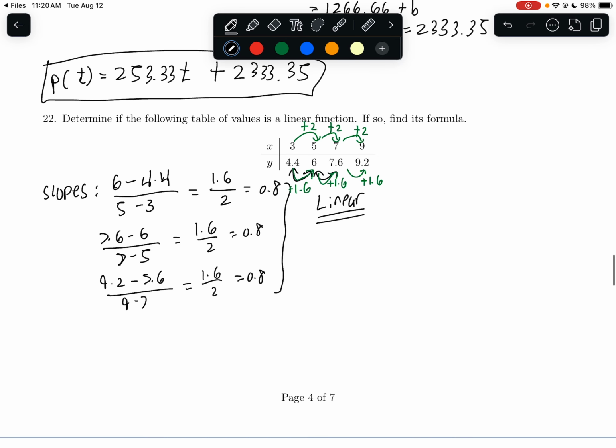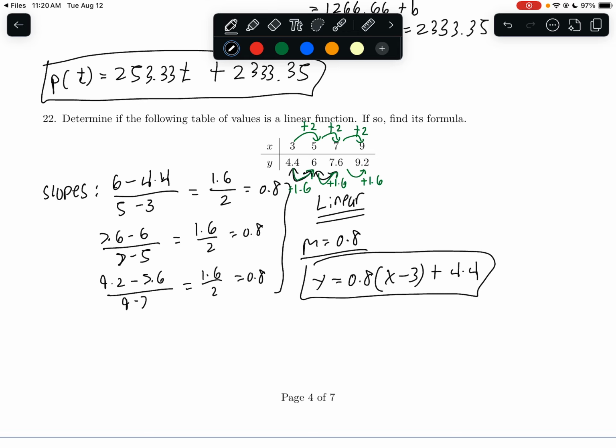So the function's linear. The slope is 0.8, the number we just found. And then we want the equation. So if you did point slope form, you could do 0.8 times (x minus 3) plus 4.4, so that's one option.